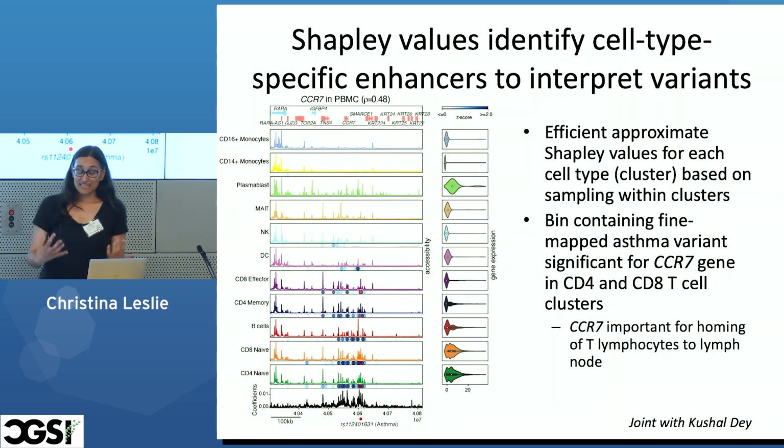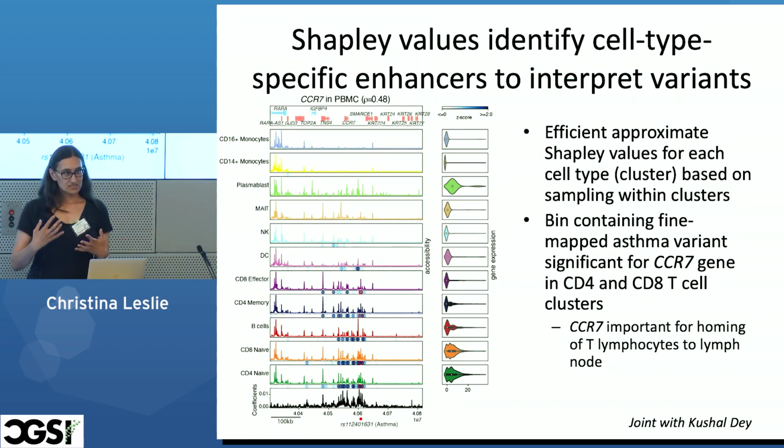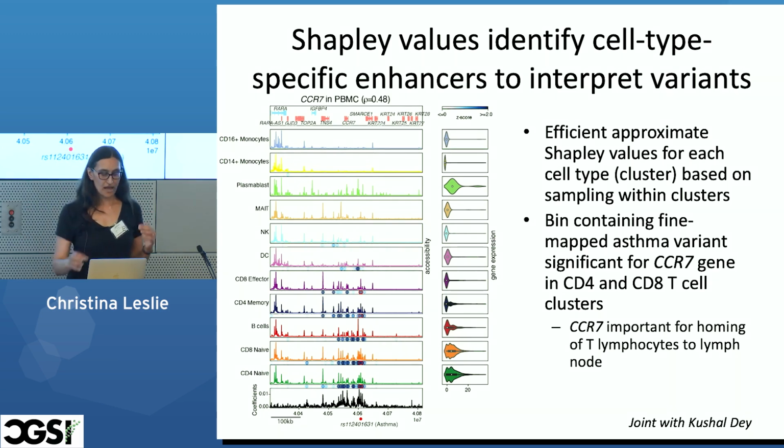And it makes sense because this gene, CCR7, is important for T lymphocyte homing to the lymph nodes. Okay, so it's a way, if you have multi-ome data, of understanding how the genes are regulated, but also annotating non-coding genetic variants and associating them with the gene and with the cell type where they're active.